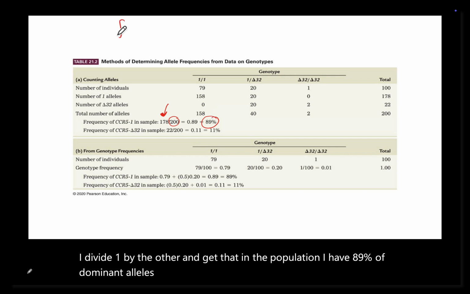So the frequency of the dominant allele is 89%.